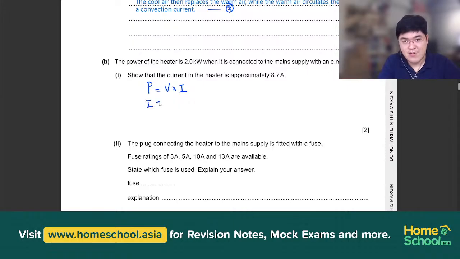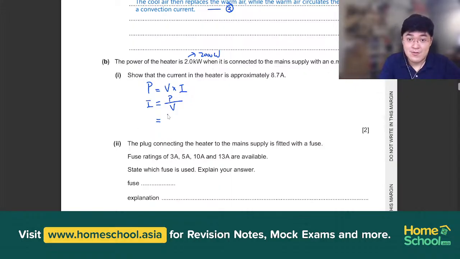So current is equal to power divided by voltage. The power of the heater is 2.0 kilowatts, so let's convert it to watts. This should be 2000 watts, since 1 kilowatt is 1000 watts.